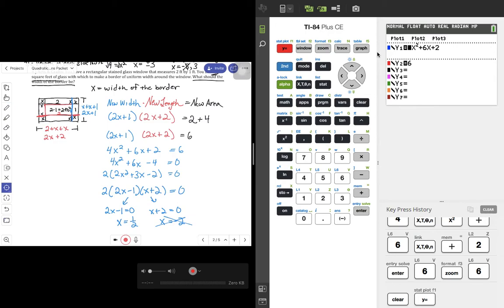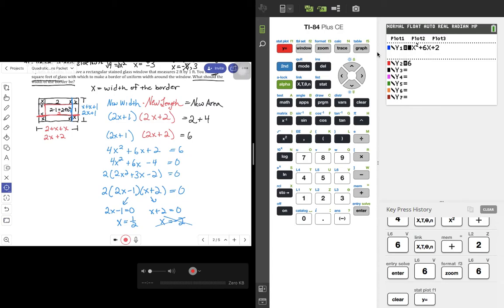I did type this equation here, 4x squared plus 6x plus 2 equals 6, into my graphing calculator. And I just wanted to remind you that whenever we solve for x in algebra class, we're just trying to find the values of x that make this a true statement. In other words, we're trying to figure out when does the left side of the graph run into the right side of the graph. So that's what I went ahead and did.